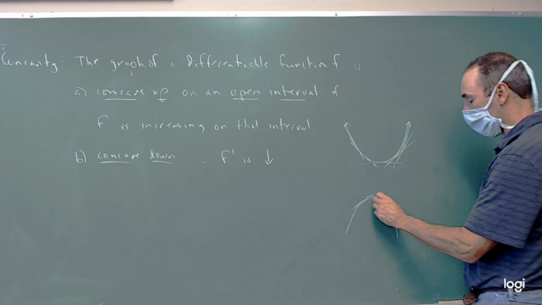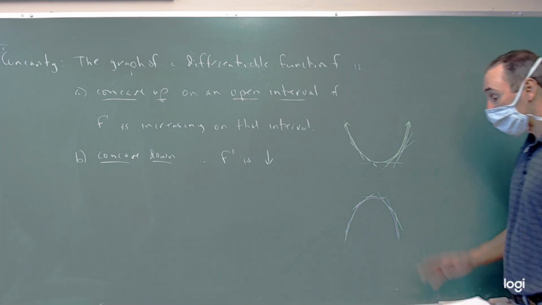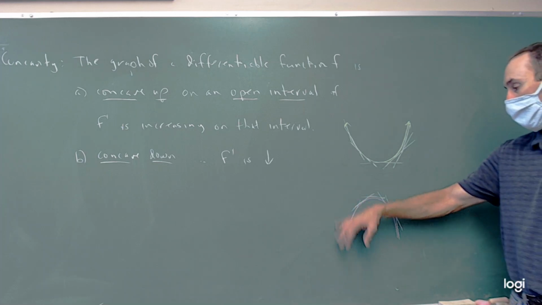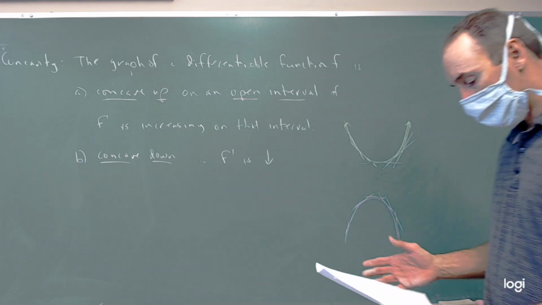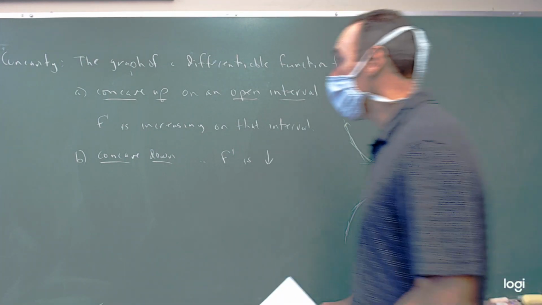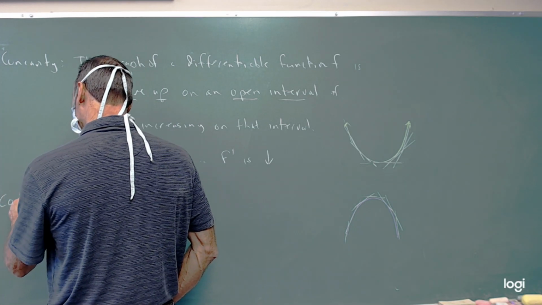But you can see that on the interval that is concave down, the curve, the graph, will lie below all of its tangent lines, which is a sometimes useful way of thinking of it. And of course, our test is to use the second derivative.